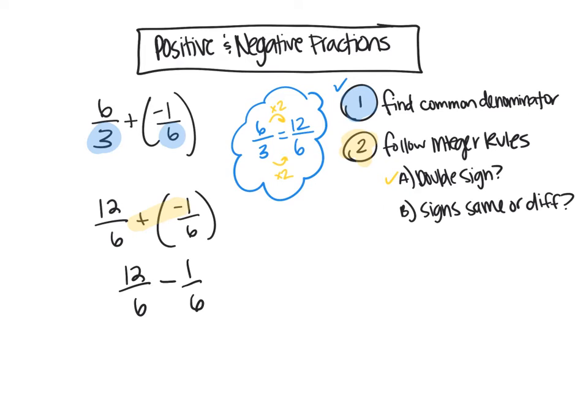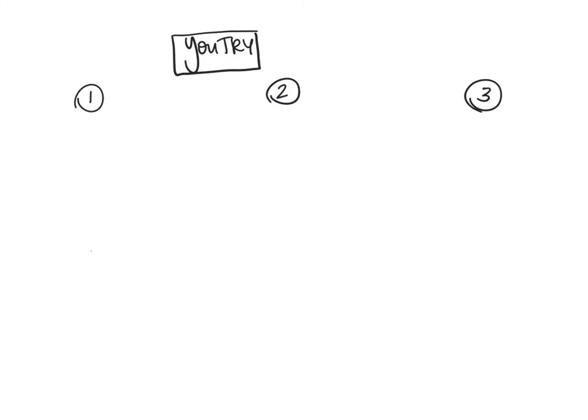Now, normally I would go to, are the signs the same or different, and notice that they're different, and therefore I subtract. Or you can look at this and logically say, well, 12/6 minus 1/6 just gives me 11/6 as my final answer. You don't have to make them mixed numbers unless the problem specifically calls for it.